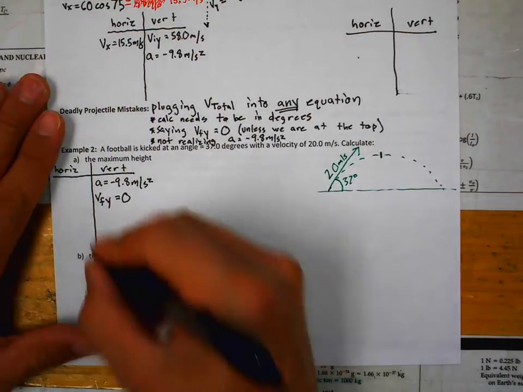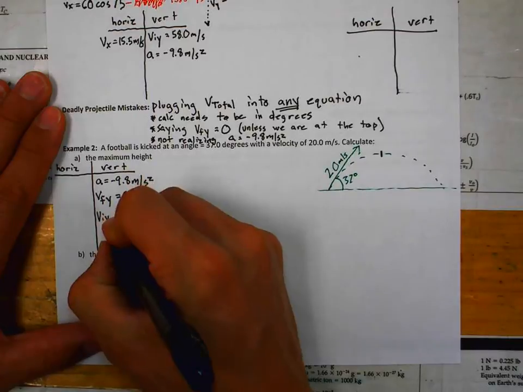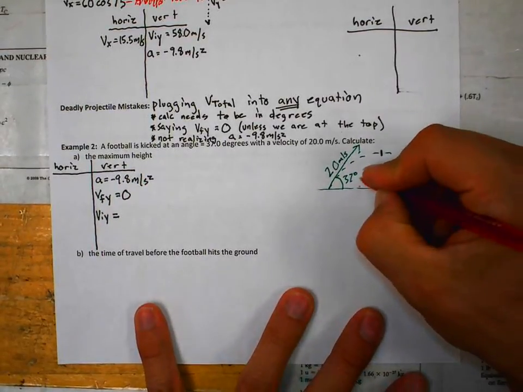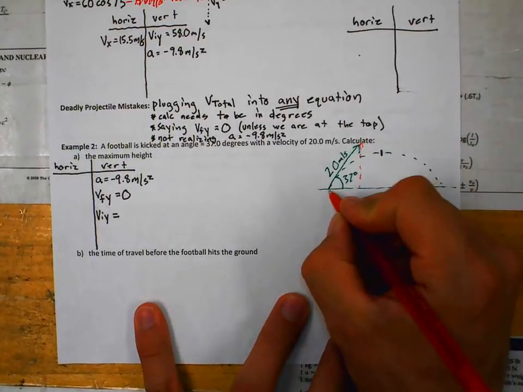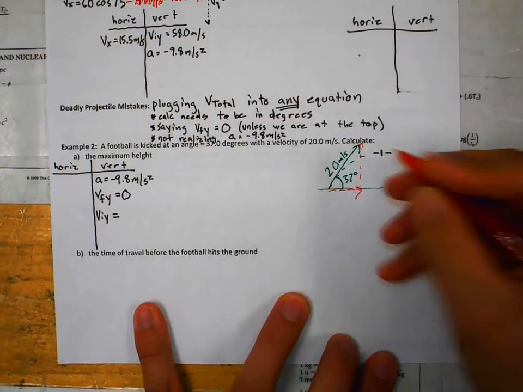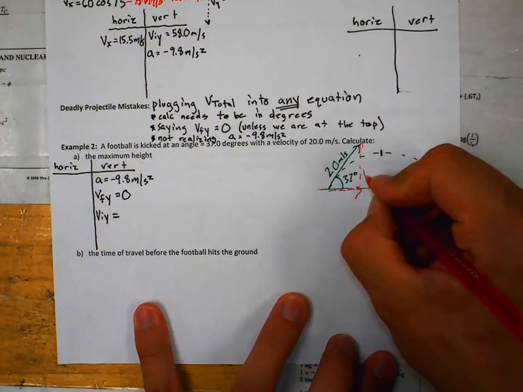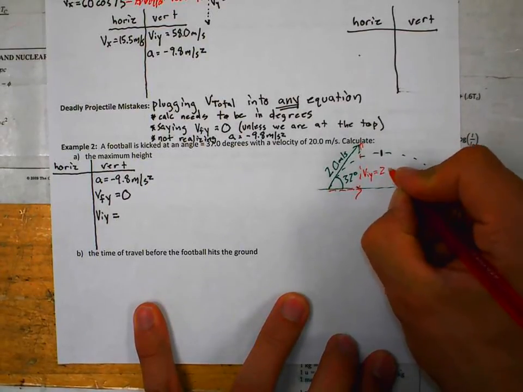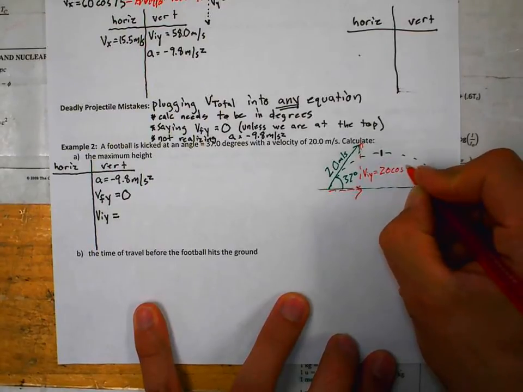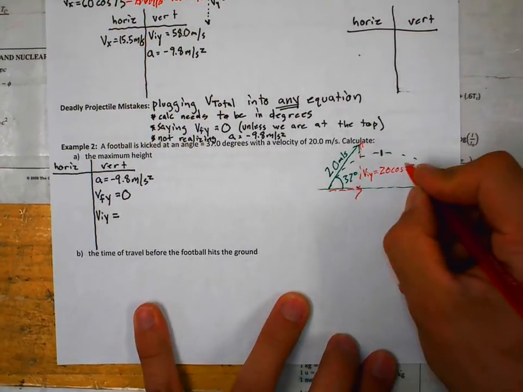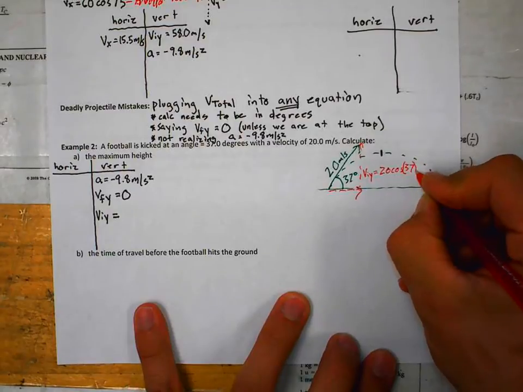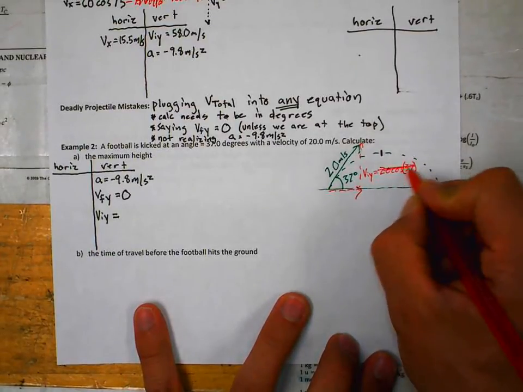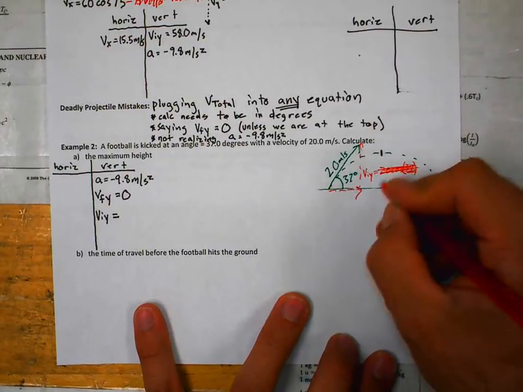Now V initial in the y direction, let's figure it out. Here's the initial y, here's the initial x. V_iy equals 20 cos 37. Always make sure you put the angle after the... did I do that again? I'm doing it just so that you guys think about it and catch me.